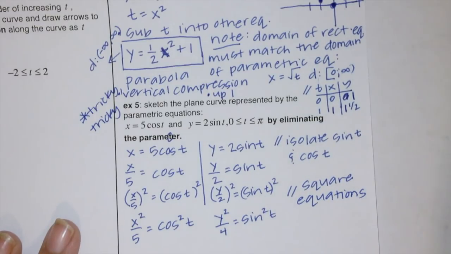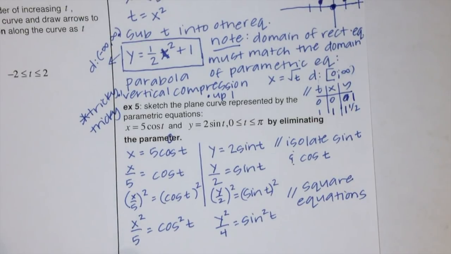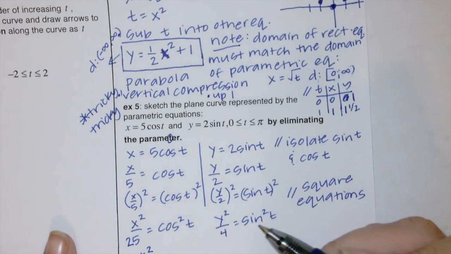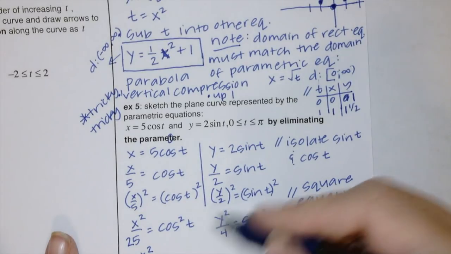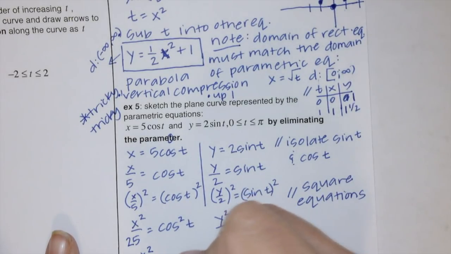And now here comes the super fantabulous, awesome math, okay? Here's what we're going to do. We're going to take the left side of this equation. By the way, that should be 25. And we're going to take the left side of this equation and add them together.